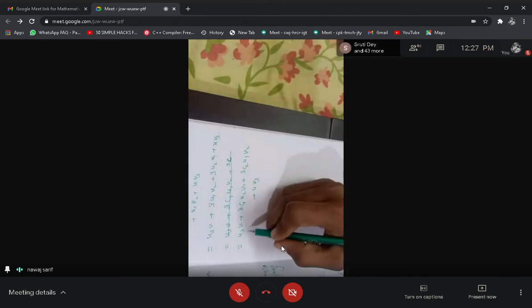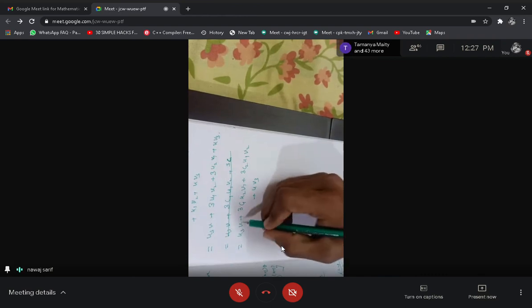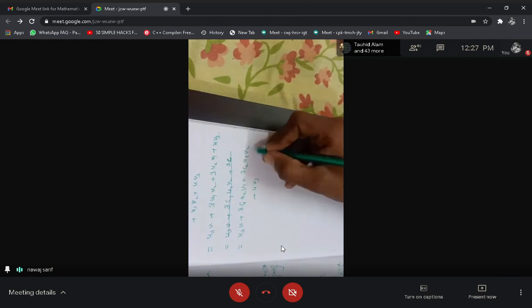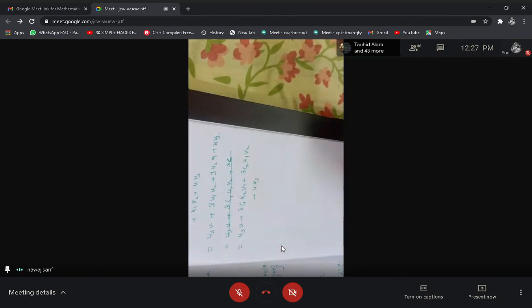So see, there is a pattern: u3v plus 3c1 u2v1 plus 3c2 u1v2 plus uv3. This is the third order derivative.